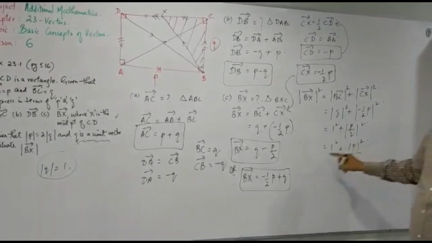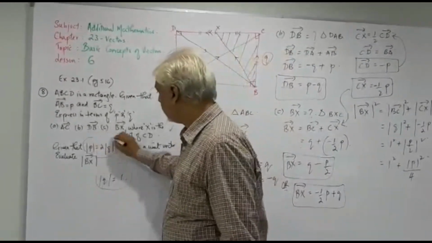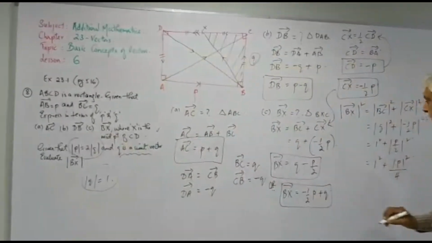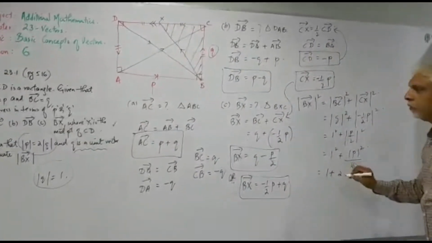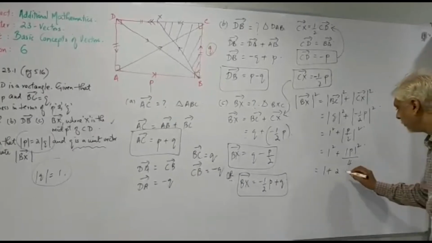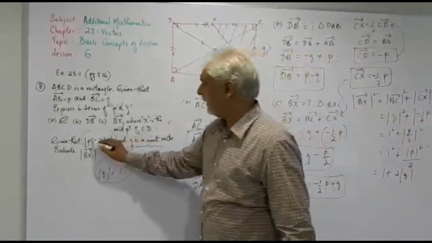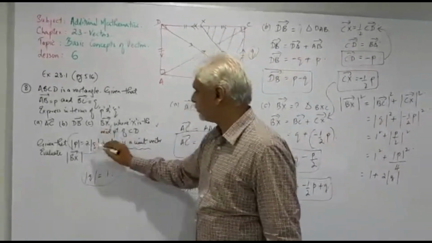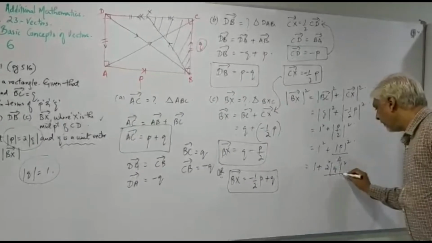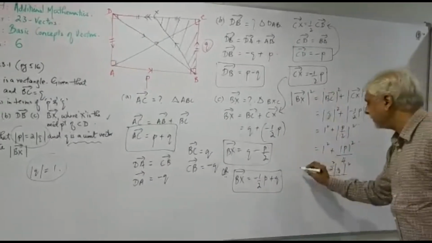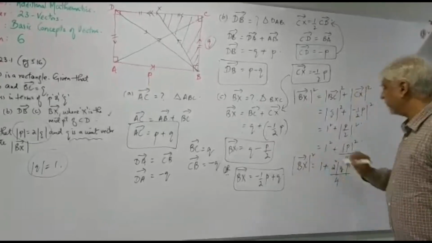Now what is P? Mod P is equal to 2 unit vector Q. So I can write this down as 1 plus 2 unit vector Q, and since this whole thing is P, and you have a square over here, I'll have to square this and square this as well, upon 4. Remember, this is all what Bx the whole square is equal to.